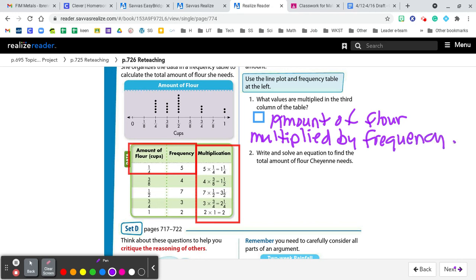Write and solve an equation to find the total amount of flour Cheyenne needs. So we would take all our data here and we take our data and just string it together. And again, like I told you earlier, you can use a fraction function calculator for this or solve it all out longhand. Times 1/2.